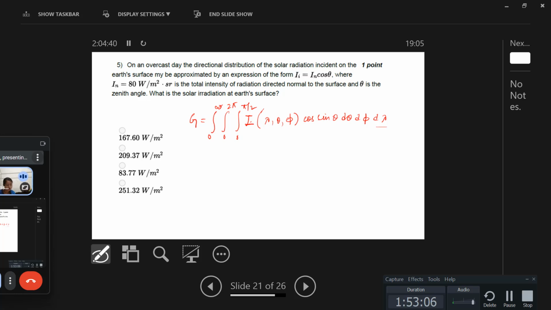So this can be written as 0 to 2 pi, 0 to pi by 2, In cos theta, sorry, here there is theta, again cos theta sin theta d phi.